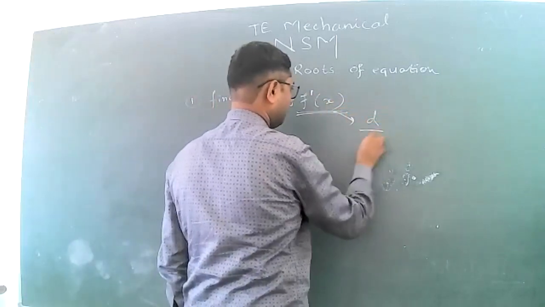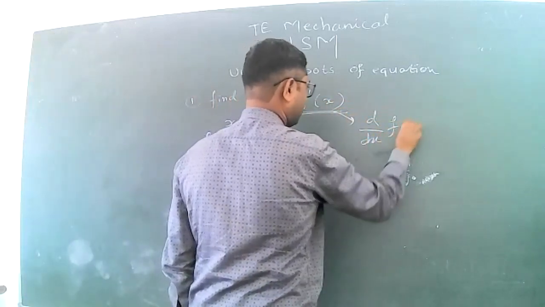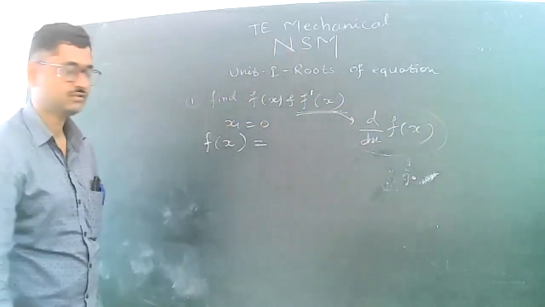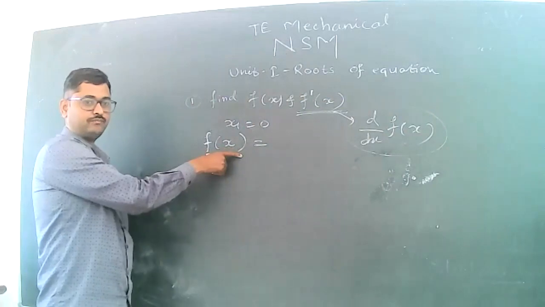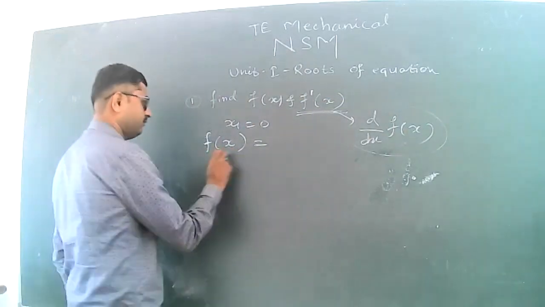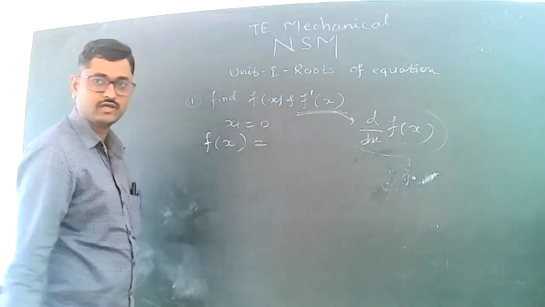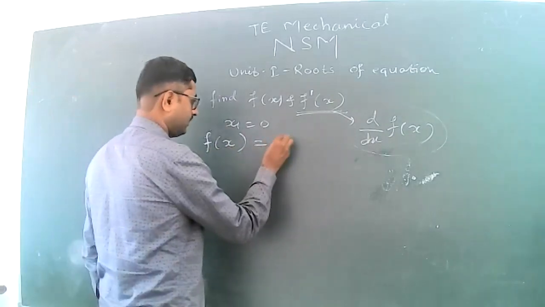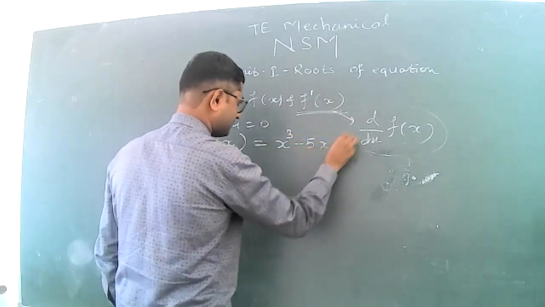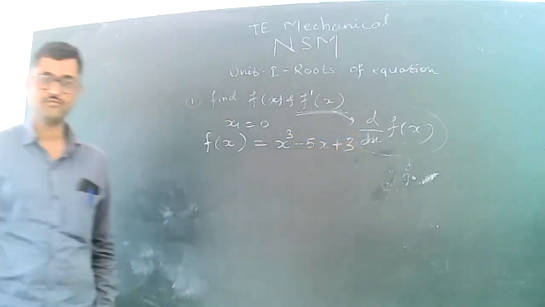This term, d by dx of f of x, is nothing but f dash of x. We have to differentiate this equation. F of x is equal to x cube minus 5x plus 3.